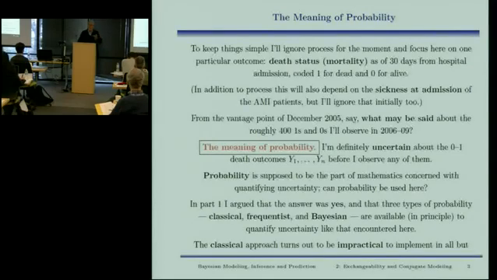Otherwise, they might die by being hit by a bus or something like that. And yet in-hospital mortality turns out not to be a good thing to use because some hospitals keep their patients longer than other hospitals. And obviously, if you keep your patient longer, that's a longer window in which you have a chance to die. But on the other hand, it's also maybe better care for you for keeping you longer. So it's confusing. So what people do is they pick a standard window like 30 days from admission, and you look at the 30-day death rate. Okay.